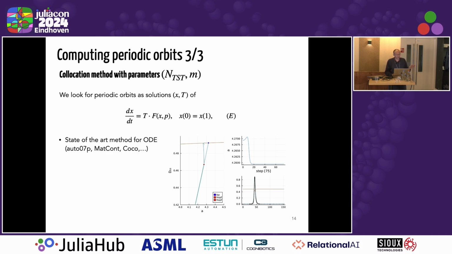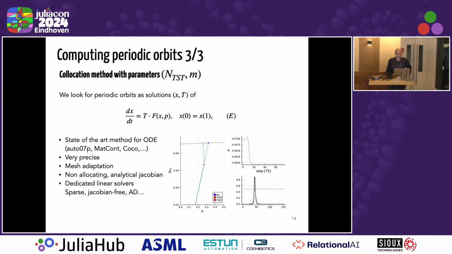So this is the state-of-the-art method for ODEs. It's used by Auto, MatCont, Coco. It's very precise. You can do mesh adaptation as I showed. And it's been improved a lot in the past 6 months in BifurcationKit. So it's non-allocating. The Jacobian is analytical. We have a dedicated linear solver, which is about 5 times faster compared to the backslash operator.